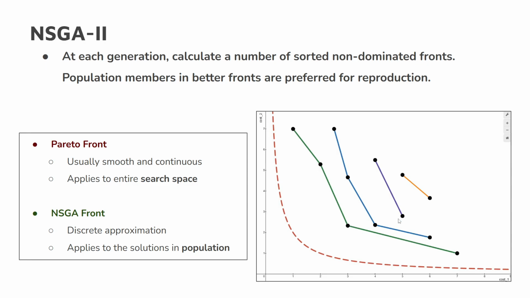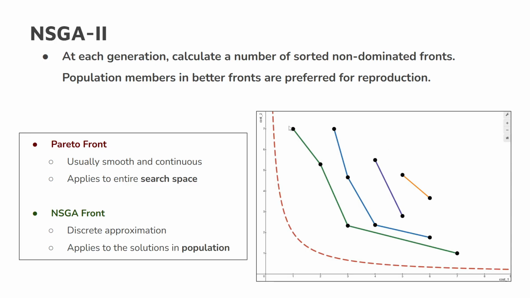Given these points in the space, the green front is the best, the blue front is the second best. And these are fronts of solutions which are non-dominated by points in the later fronts.